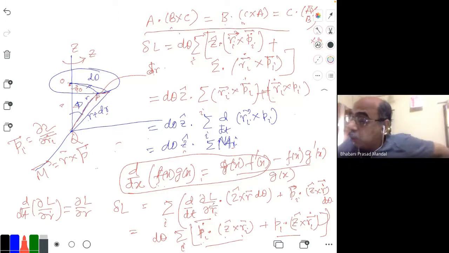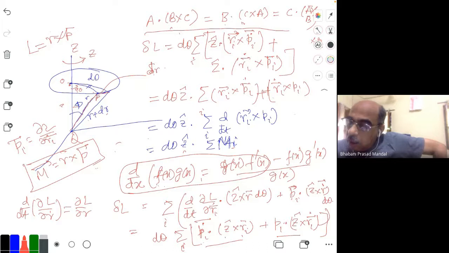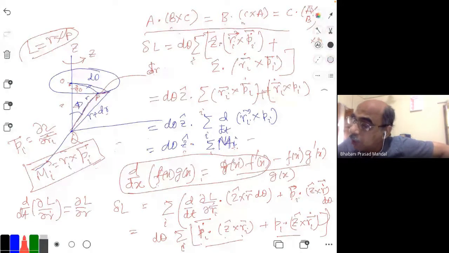Okay, so let me continue with that. I am defining m_i as the angular momentum of this. Generally people use L equal to r cross p, but to avoid confusion with the Lagrangian, I'm writing it differently. So the i-th particle's angular momentum will be r_i cross p_i. This is the sum over all the angular momenta, but there is a dot product outside with the z component.